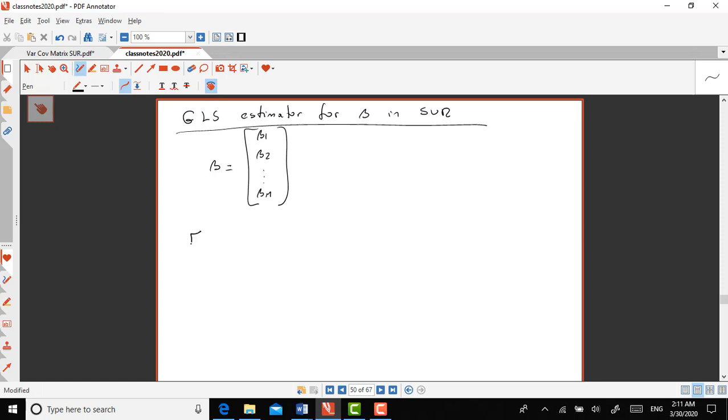And it happens that equation by equation estimation of the SUR system using least squares is actually consistent.